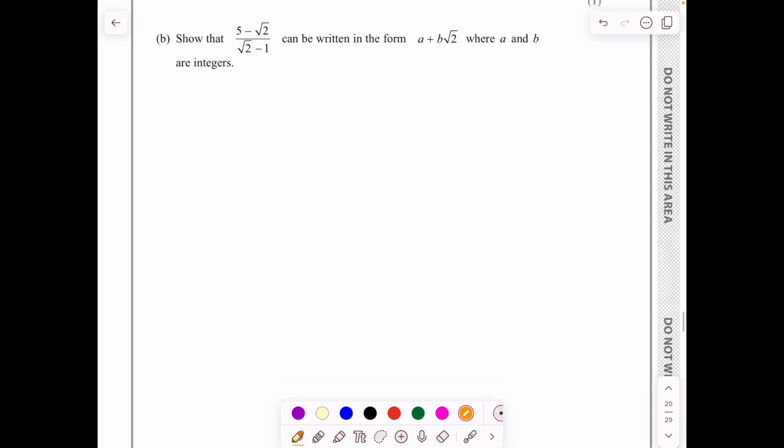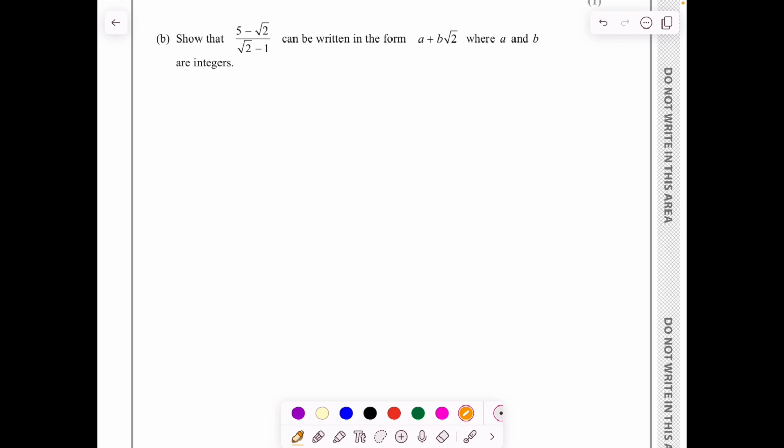Okay, part B, I've shown you questions like this before. Whenever they say show that it can be written in this form, and you can see that we do not have a surd in the denominator anymore, it wants you to rationalise the denominator. So when you're looking at what topic this is, it's rationalising the denominator. We don't want a surd in the bottom anymore.